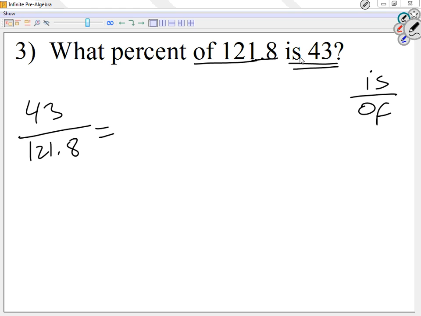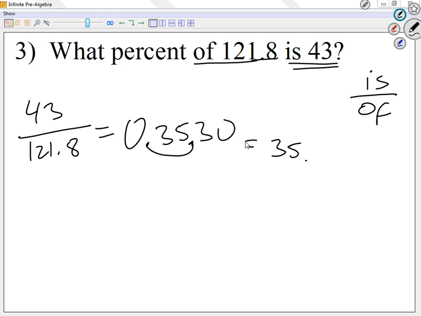Once again, the one that comes with the "is" is what goes on top. So let me divide this. 43 divided by 121.8, and I get 0.3530. Move it 2 places to the right, and I'm going to call this 35.3%.